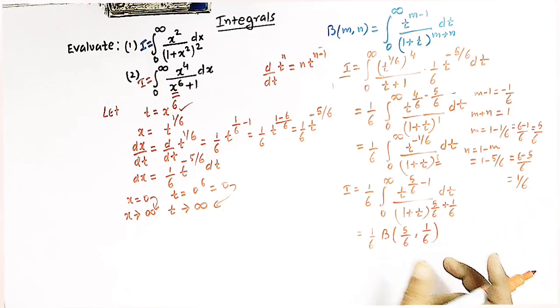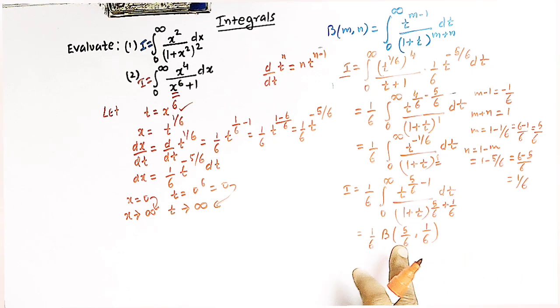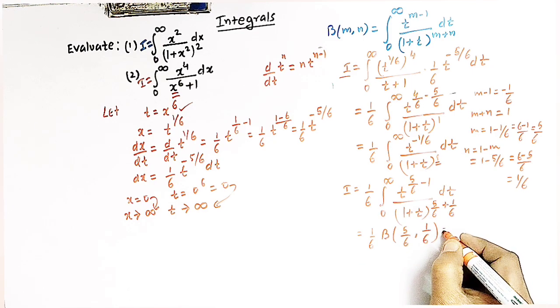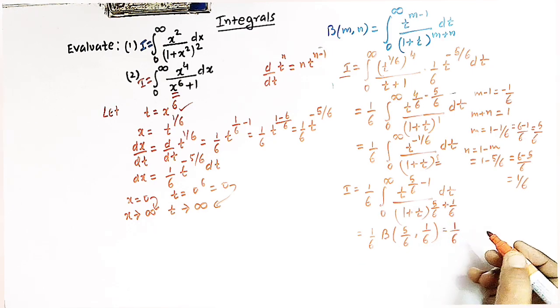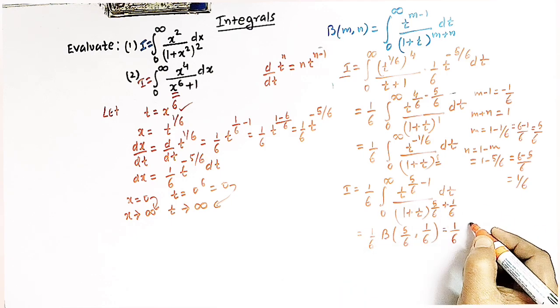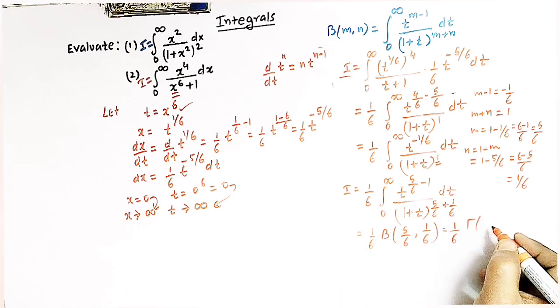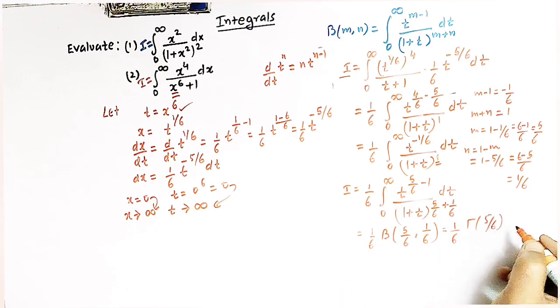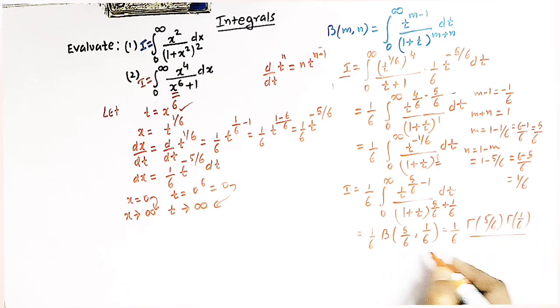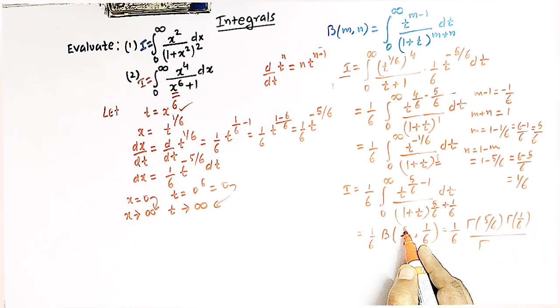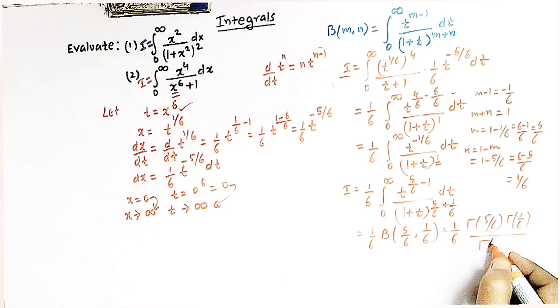So let us now calculate the value of this expression. So using the relationship between beta function and gamma function, we have gamma 5 over 6, then we have gamma 1 over 6, and here we have gamma 5 over 6 plus 1 over 6, right?